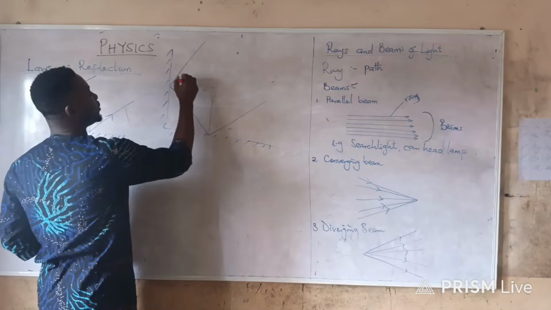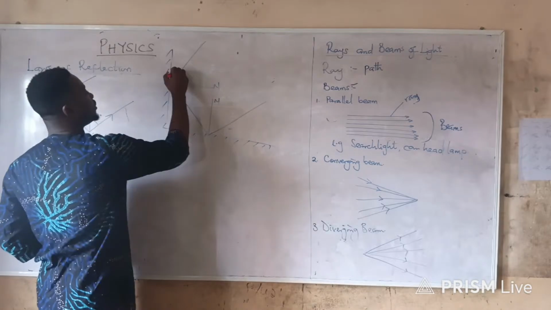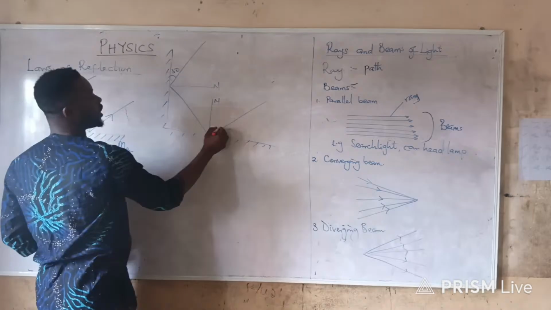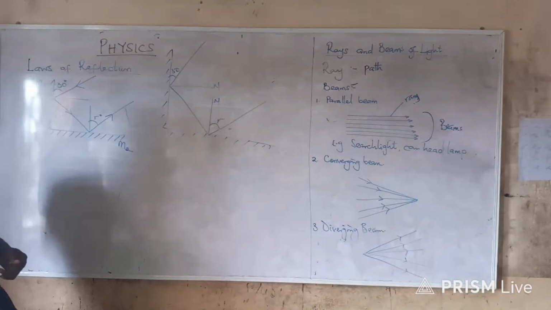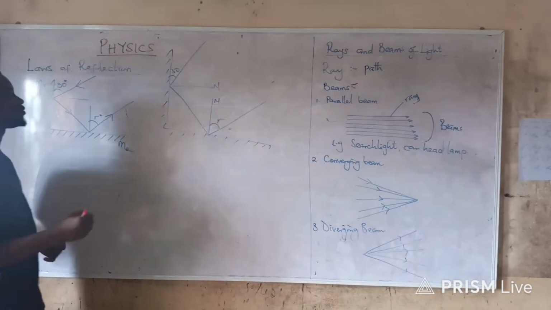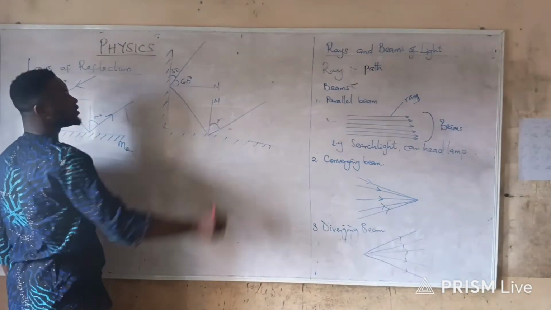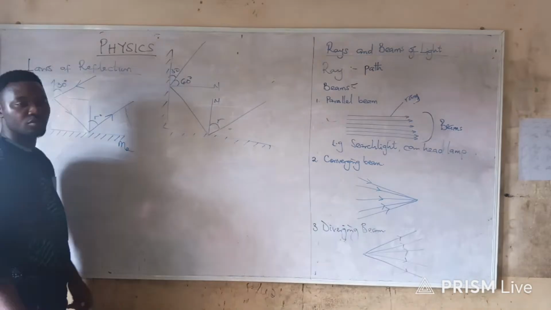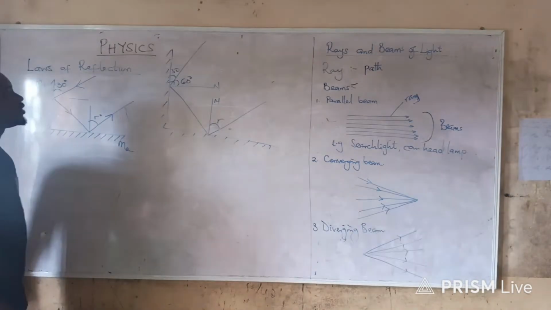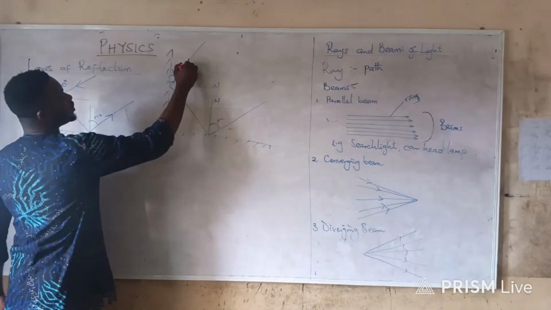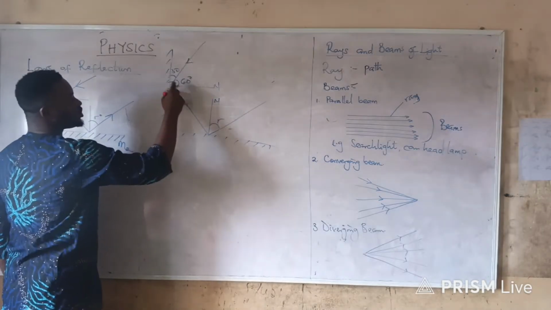So these are normals. So this is 30 and this is R. Look up everybody. Are we together? If here is 30, it is known that A will be 60, right? Yes, sir. Because 60 plus 30 makes this angle 90. Remember that angle of reflection is equal to angle of incidence. This is incident, this is reflected.